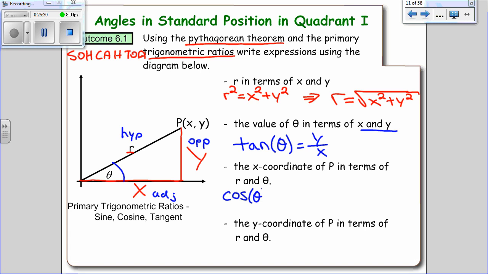We take that basic idea of SOHCAHTOA and we rearrange it to get a formula for x values. To rearrange this for a formula of x values, you just multiply both sides by r. So this changes to become x equals r times cos of theta.